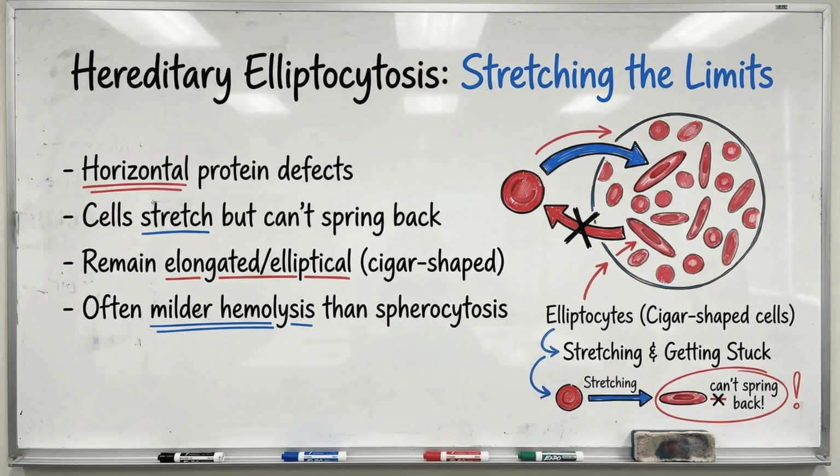You'll see these cigar-shaped cells all over the smear. Interestingly, even though the morphology looks dramatic, the actual hemolysis in HE is often much milder than in spherocytosis, and many patients live completely asymptomatic lives. Now, let's shift gears and look at another intrinsic problem, enzyme defects.